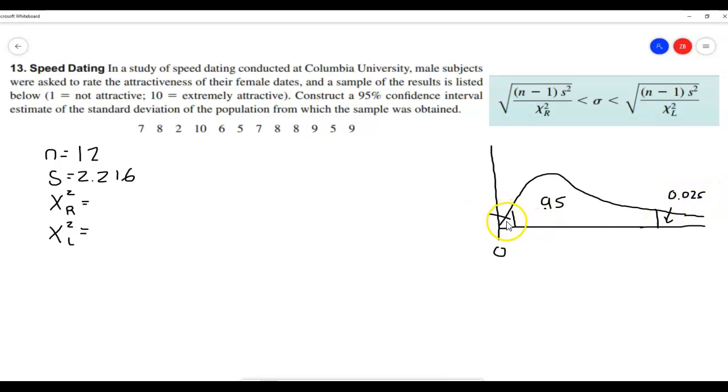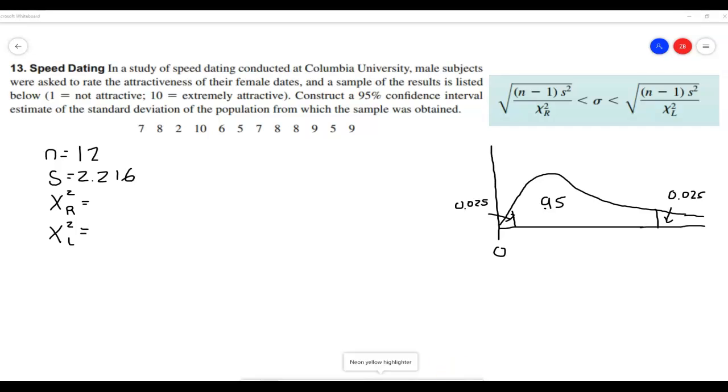So we're also going to have 0.025 there. Now remember, like the t-distribution, the chi-square distribution is also based off of the size of the sample. So we're going to use what's called the degrees of freedom, just like we did with the t-distribution when we were calculating the mean.